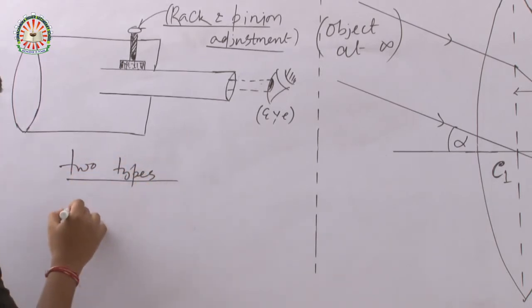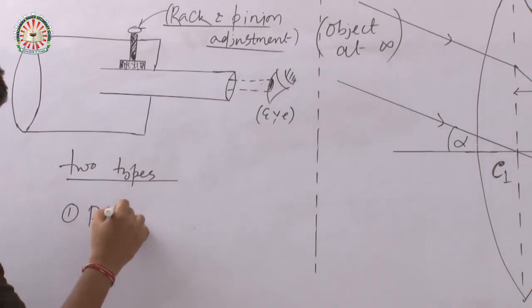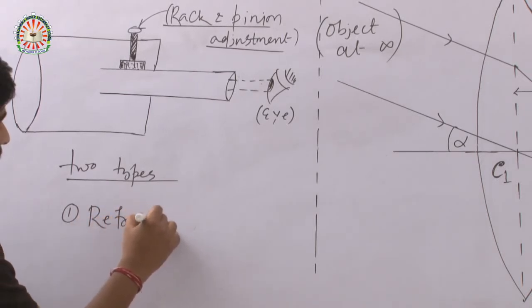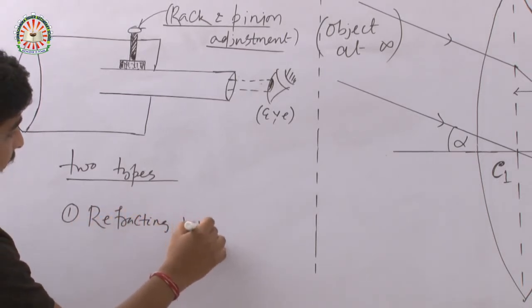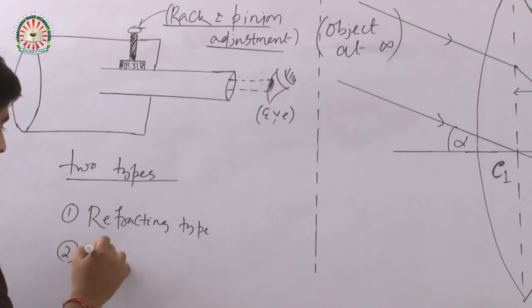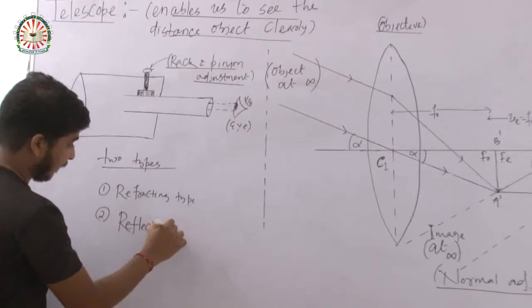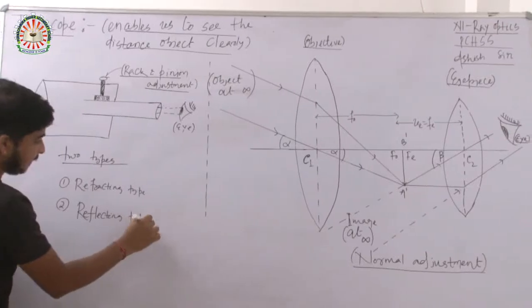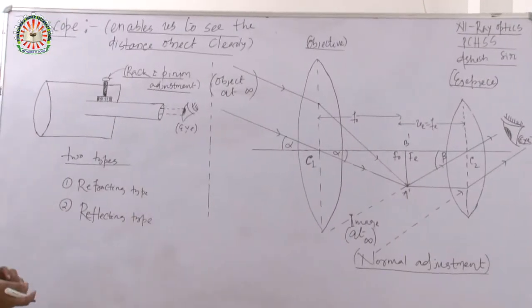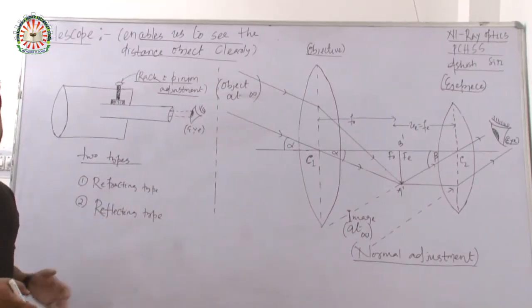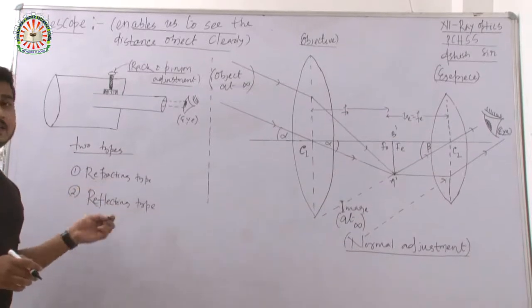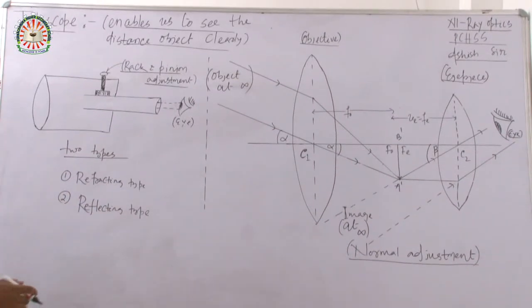The first one is the refracting type, and the second one is the reflecting type.